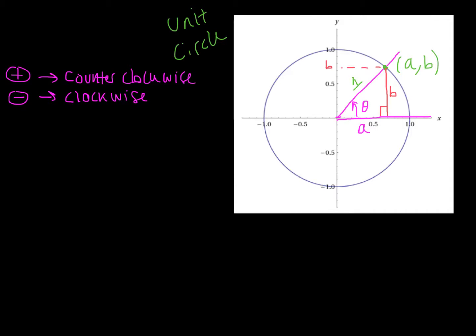Let's use blue for A. Okay. And the question is, well, how do I figure out A and B? And what we're going to reintroduce now is sine, cosine, and tangent. So you may remember this. SOHCAHTOA.